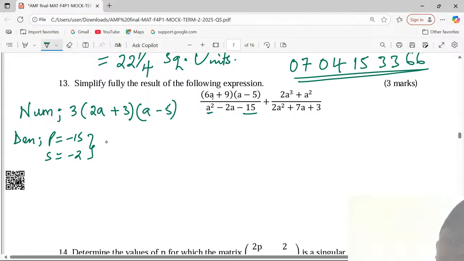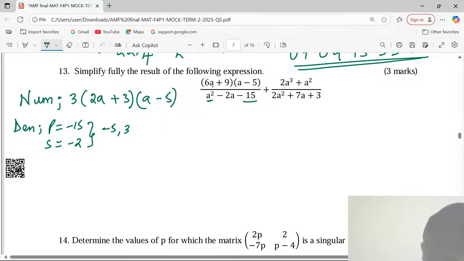So these two terms are negative 5 and positive 3. When multiplied, they give us negative 15, and when added, they give us negative 2.